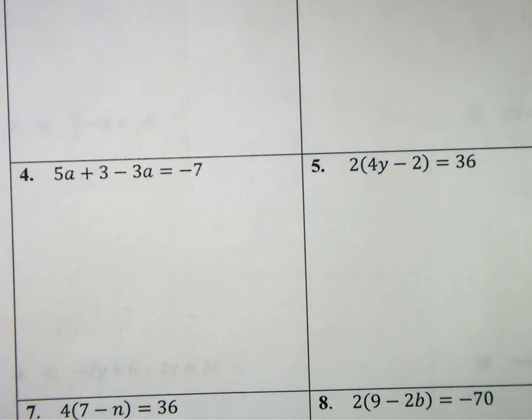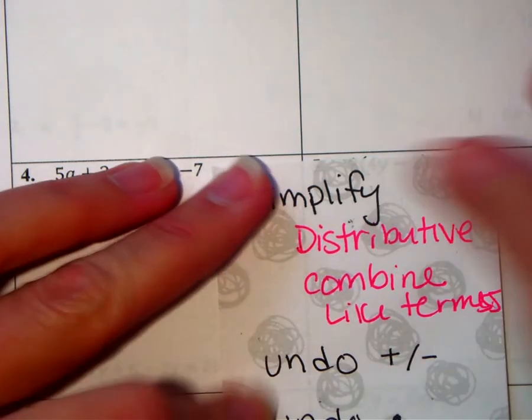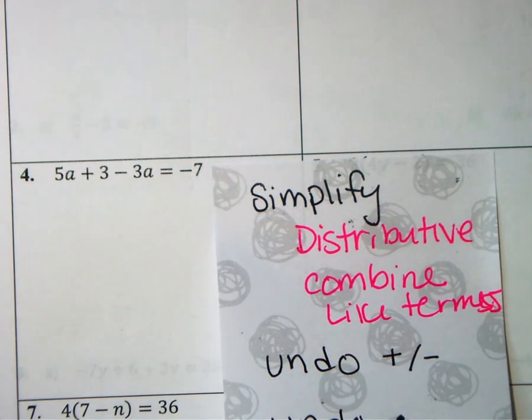Basically, you're not going to see any of that undo division on this assignment. So that's kind of our order of things. First, you look for the distributive property, combine like terms. There's no distributive property in this problem, so that just means we skip over that step and we go right away to combining like terms.